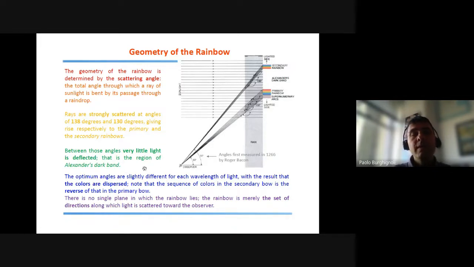So since the sunlight is white, there are all the colors inside it, but each color will be deflected with a maximum scattering angle slightly different from the others. The final result is that we observe a rainbow not exactly with a single angle, but with a range of angles which corresponds to the different colors.